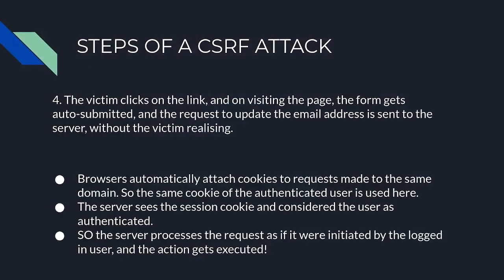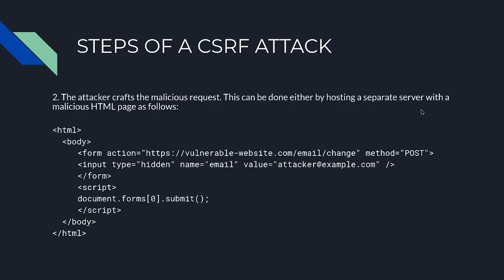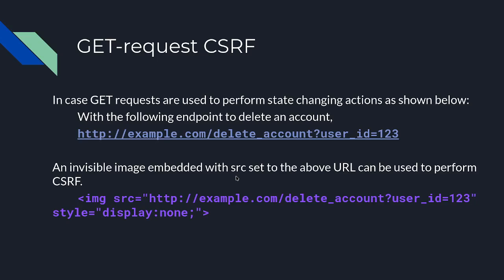Now, in the previous example, we saw that a POST request was being initiated in order to perform this particular action, right? The action of updating an email. Now, in the rare and unlikely case in which a GET request is used to perform a state changing action, which is like through this particular URL, right?